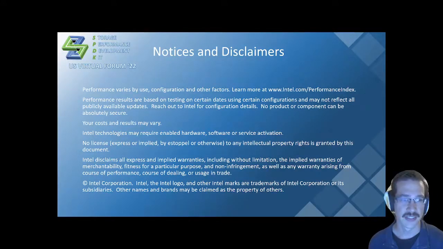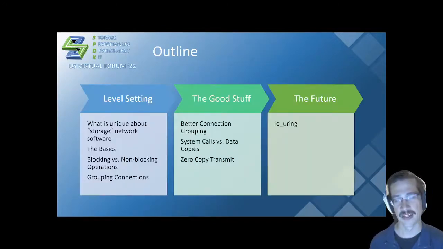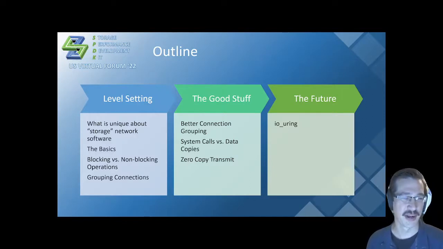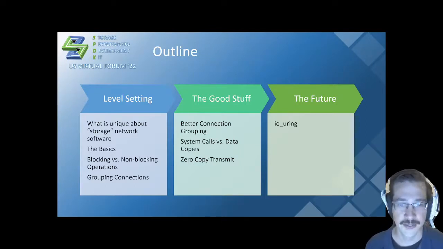Some notices and disclaimers, and then a little bit of an outline. We'll start with some level setting, which I'm going to go through pretty quickly. Probably too fast if you're not already familiar with this, but it'll at least give an overview of the current state of the art for most software projects.